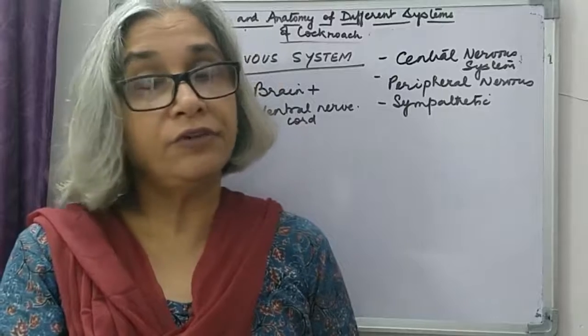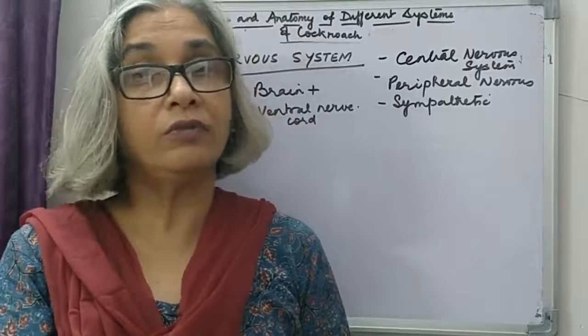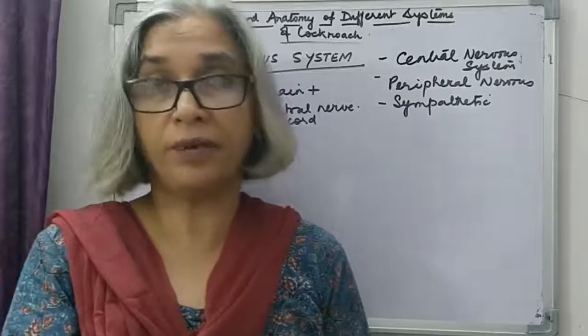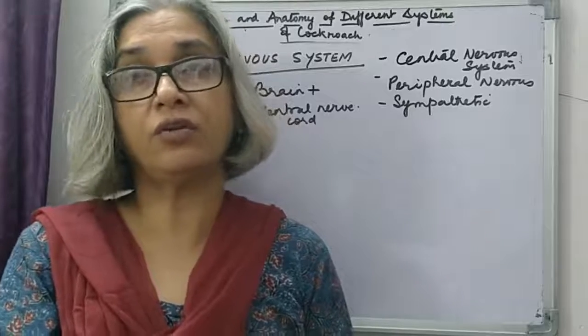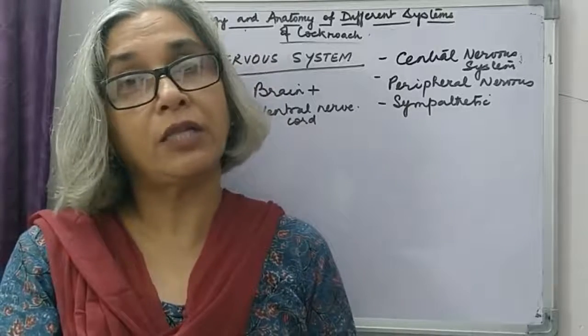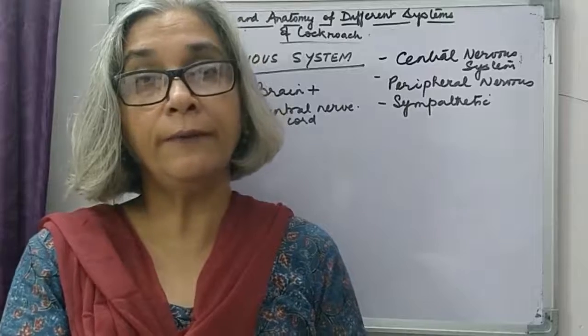And the nerves that arise from the central nervous system form the peripheral nervous system, which will innervate all the muscles and parts of the organism's body.